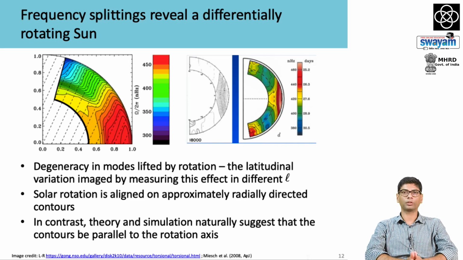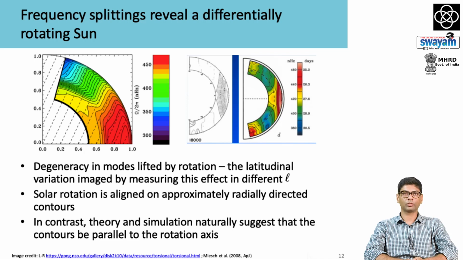Then you have three quantum numbers: radial order n, spherical harmonic degree L, and azimuthal order m. Waves going along the direction of rotation are sped up, and waves going in the opposite direction to the rotation are slowed down. This is what is known as the lifting of the degeneracy.